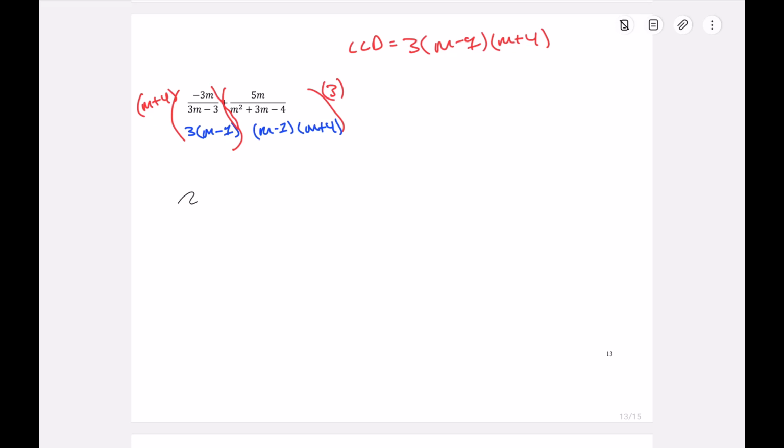And so we would get a negative 3m squared minus 12m all over our LCD. And then we can multiply our 3 in, so we would get a 15m all over our LCD.